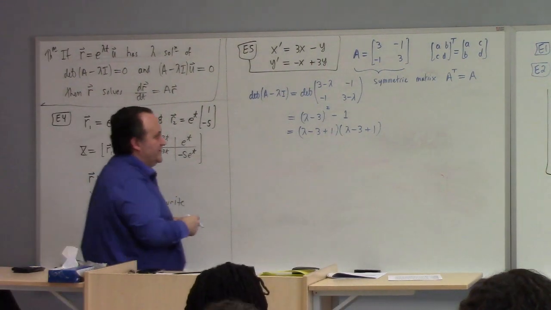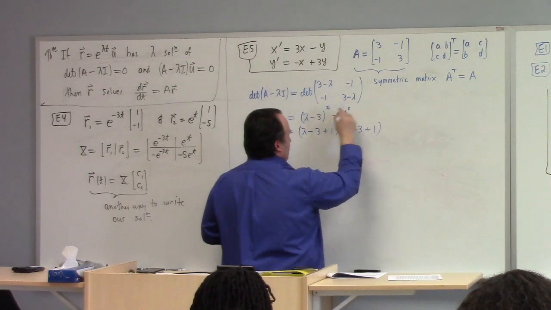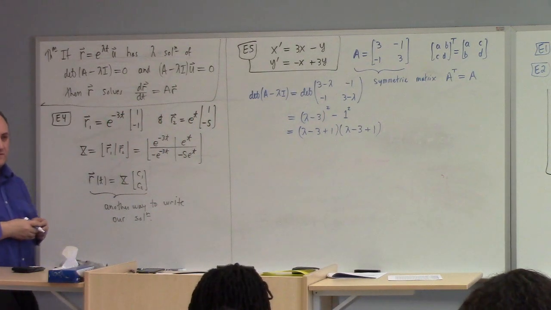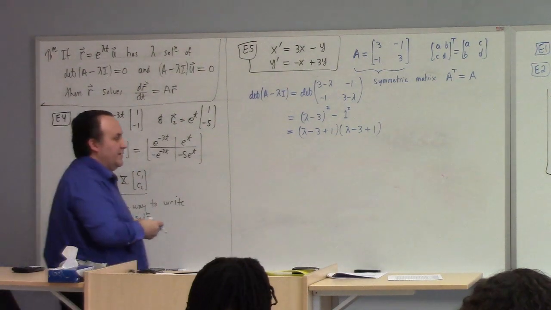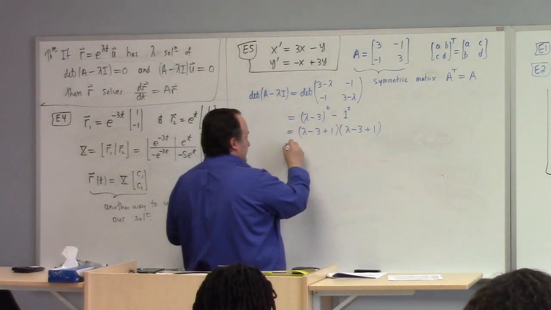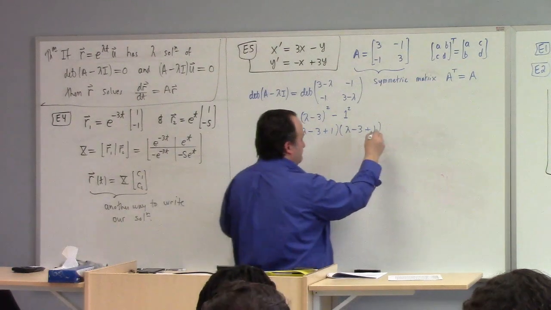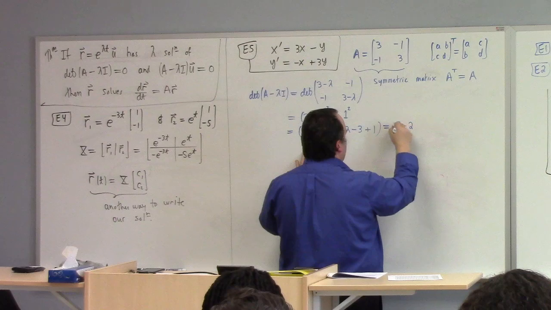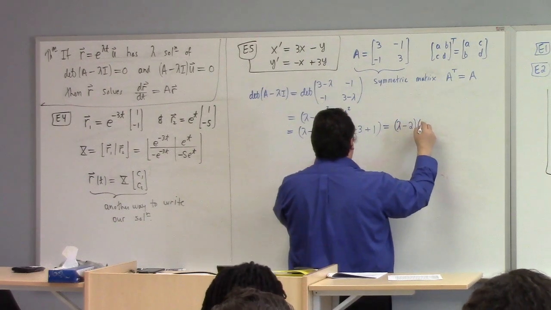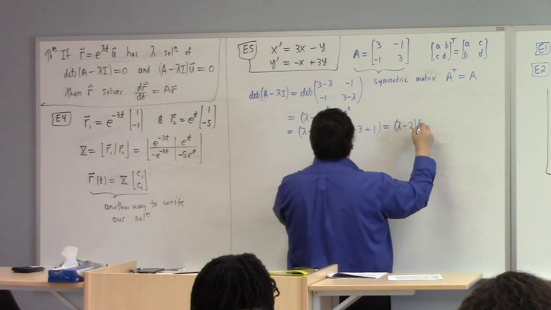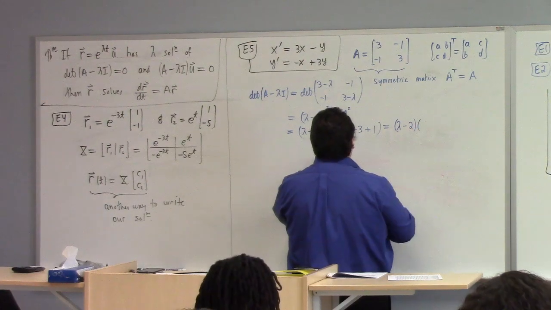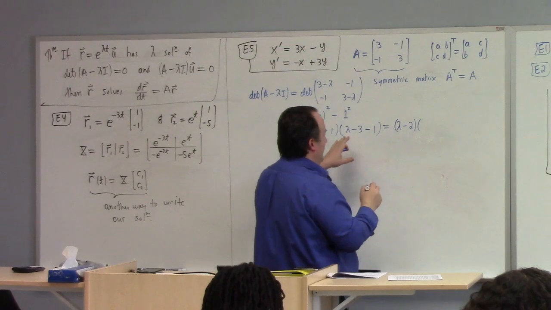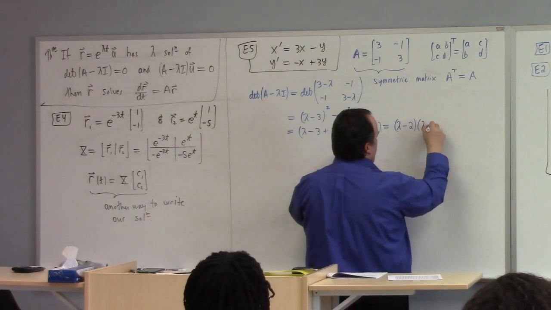I don't know if you know this, but 1 is 1 squared, right? So this is the difference of squares. Anyway, what this gives me is lambda minus 2 times lambda minus 4. Oh man, one of those has got to be a minus, sorry.